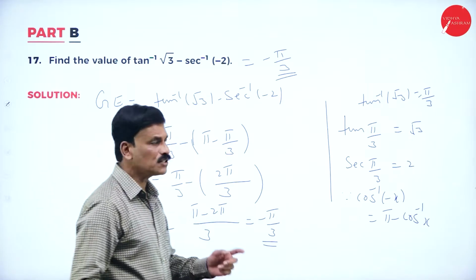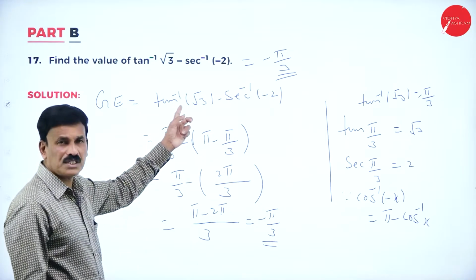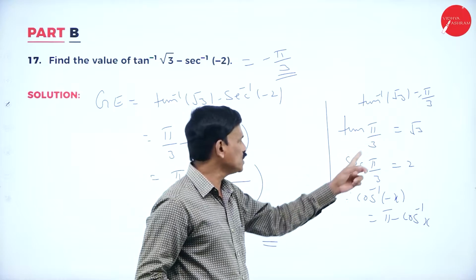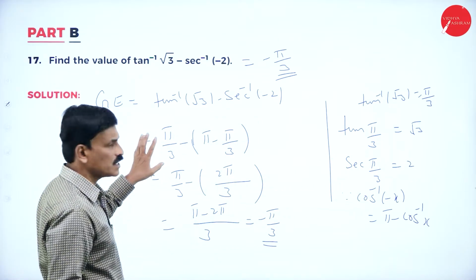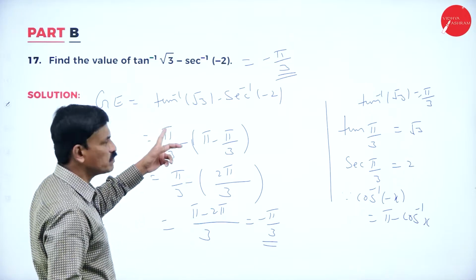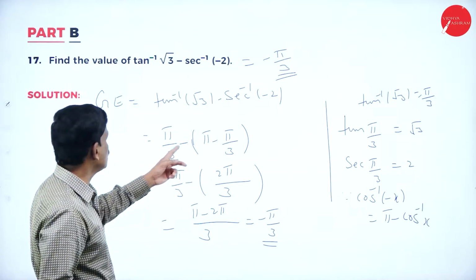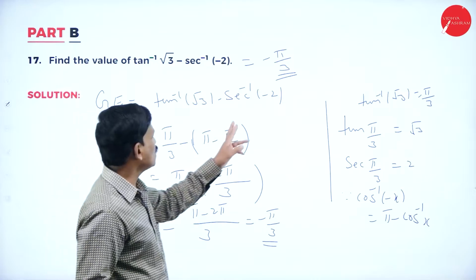Okay. See here, listen to me. Tan pi by 3 is root 3, and secant pi by 3 is equal to 2. Now this is positive, so you can keep tan inverse; the principal value of tan inverse of root 3 is pi by 3, minus secant inverse of minus 2.